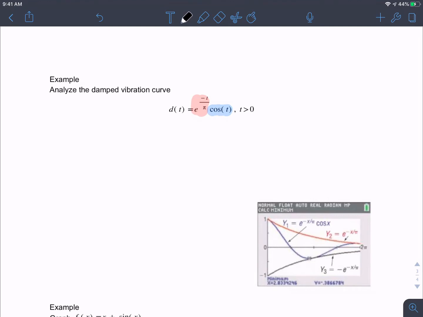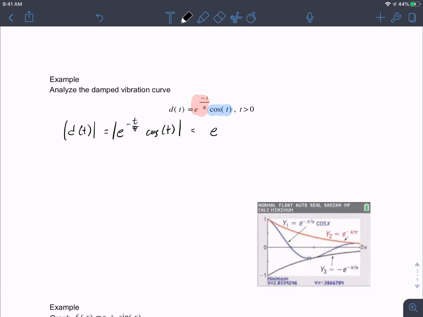And so in the absolute value property, we're going to get that the absolute value of the displacement d of t is going to be equal to e to the negative t over pi times the absolute value of cosine of t.